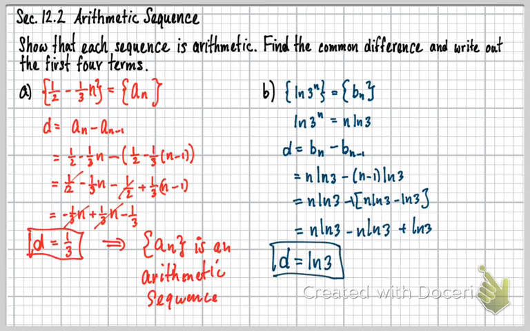Because this is a constant, this implies that b sub n is an arithmetic sequence. So there are our answers for those two.